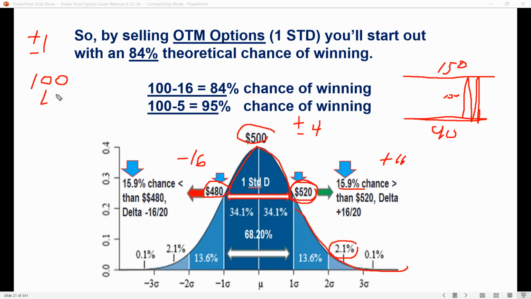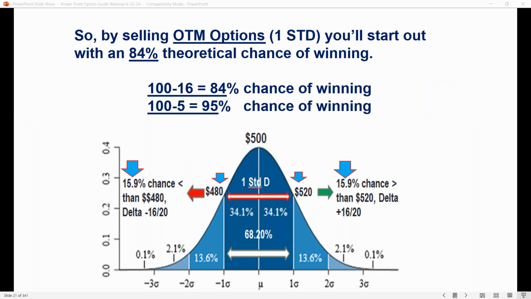So if we take that 16 delta less the 100, the reciprocal is 84. One way we can look at that is that if you sold that 520 strike, there's an 84% probability theoretically that price will be below 520 at expiration. Or the other way around, if you sold a put, the 480, there's an 84% probability price will be above.